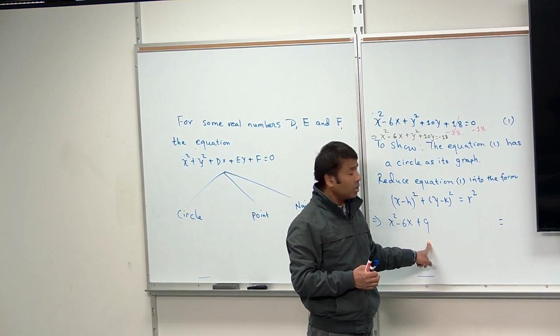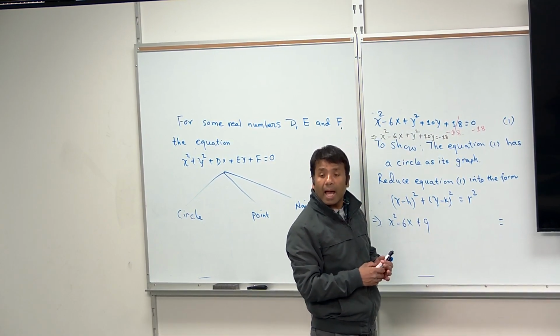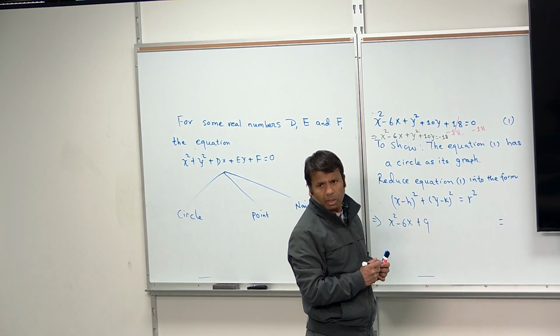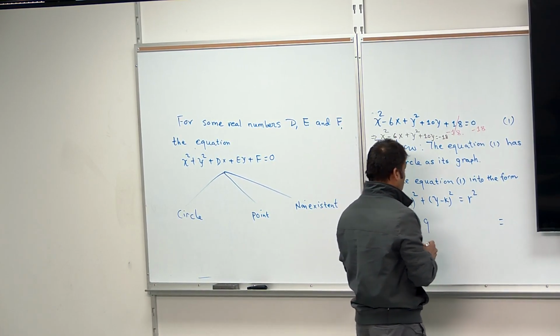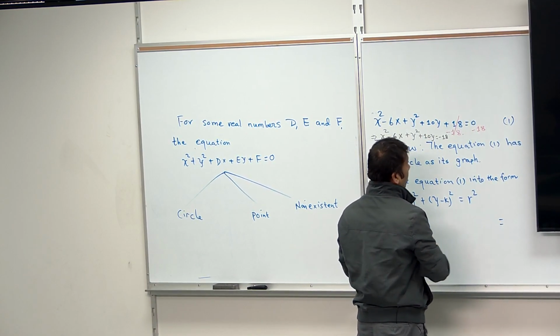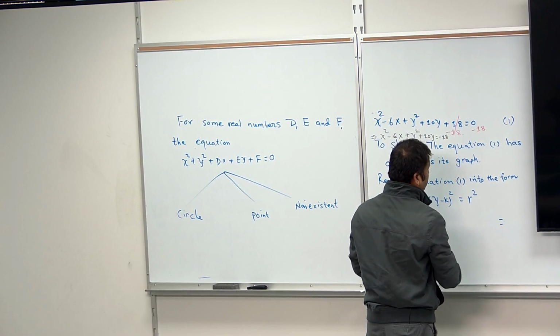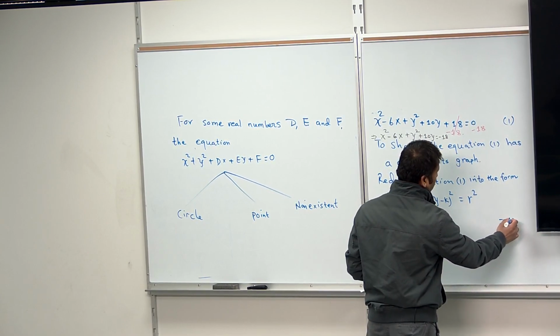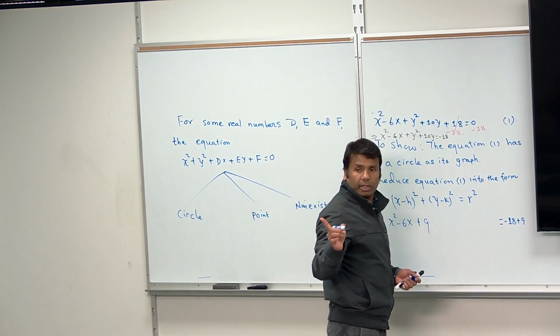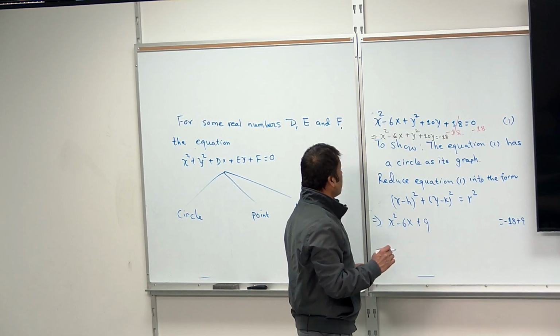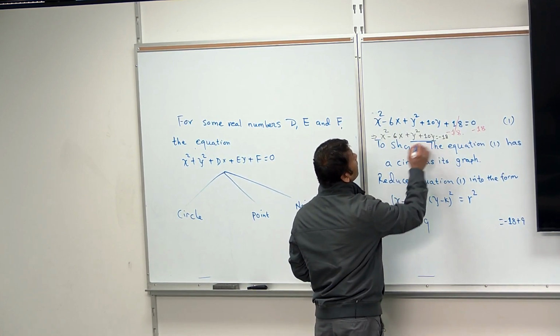So that's why you add 9 on both sides. Make sense? So now that is negative 18 plus 9. Did you see that? Yes? So now you do the same thing here.